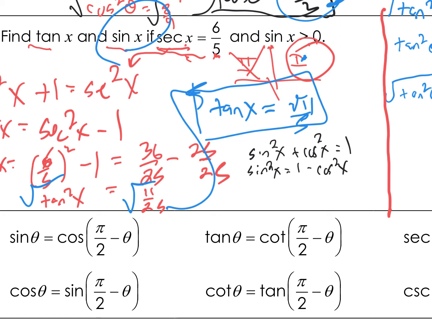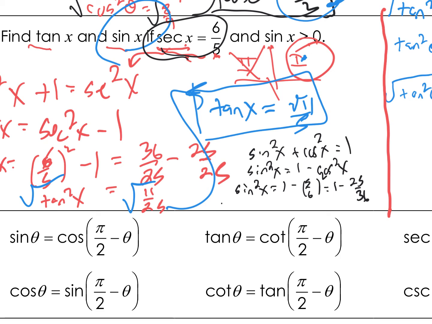Do I know cosine? I think I do, because secant is 6/5. If I flip 6/5, I have cosine. So sine squared x equals 1 minus 5 over 6 squared, which is 1 minus 25 over 36.